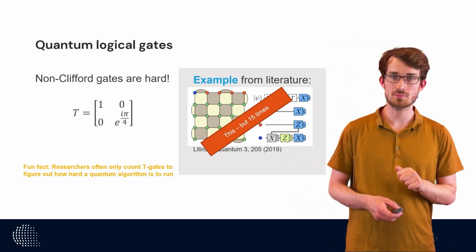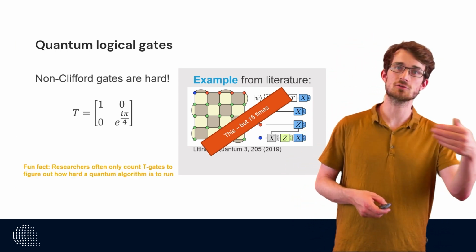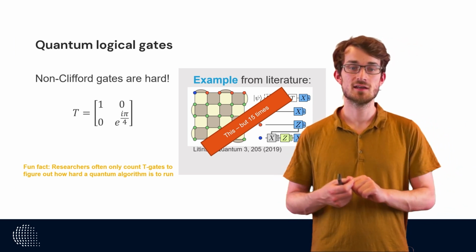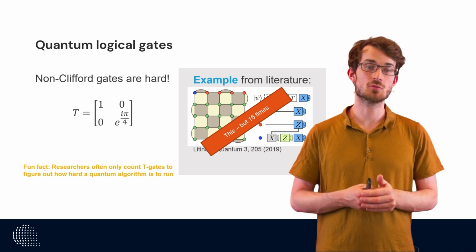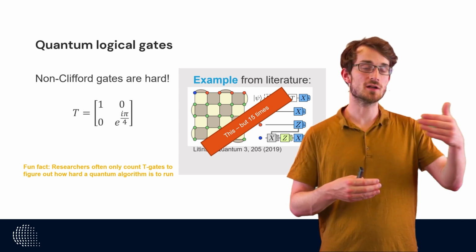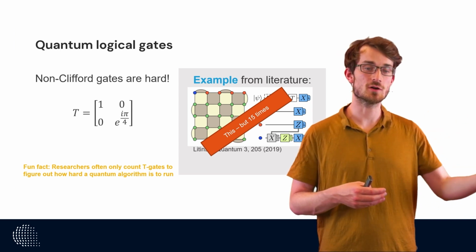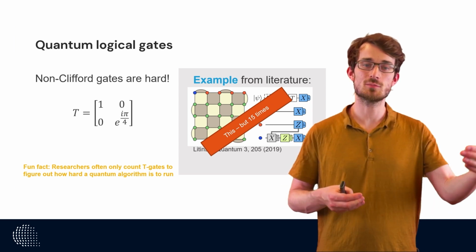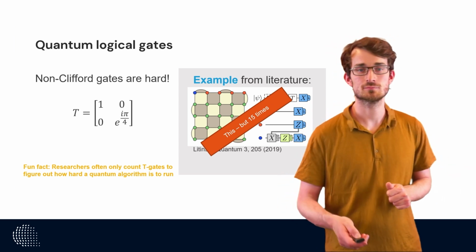So this is really the hard part of quantum error correction: how do we construct T-gates efficiently. And as a fun fact, it's so hard that when researchers try to figure out how much we really need to do to run a certain quantum algorithm, they, for the most part, only count the number of T-gates that they will need to do.